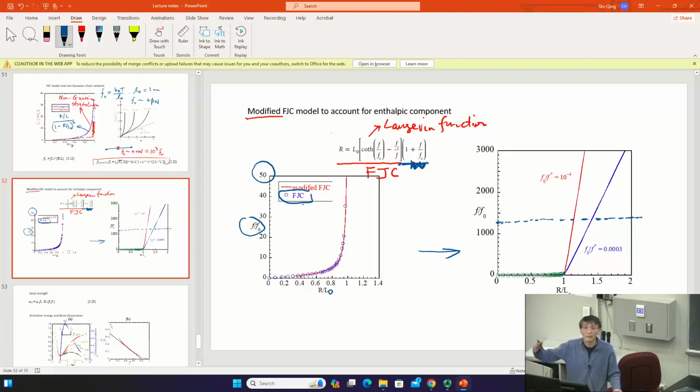The model can plot it forever, but it will break. But look at now this different scale. The green, I didn't label it here. The green is that freely jointed chain model. It's tiny because on this scale, 50 is nothing. Okay, so it's this part. It's already straightened, meaning your end-to-end distance has already reached L0.